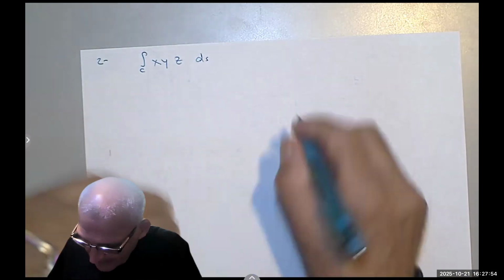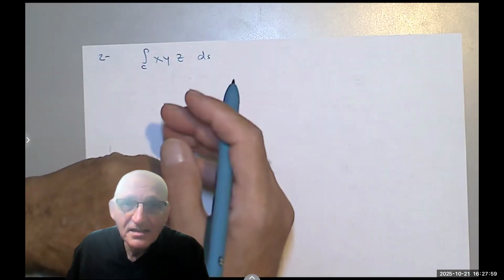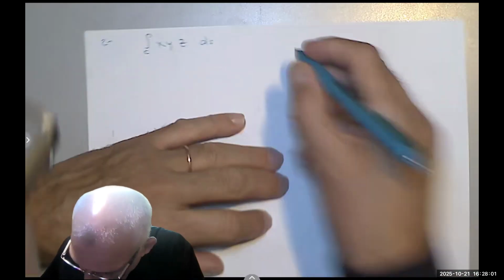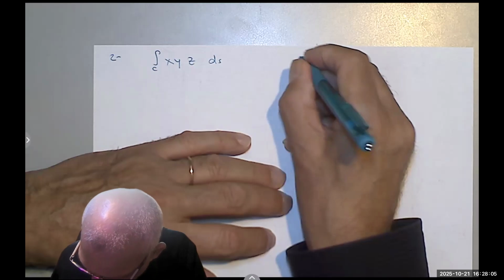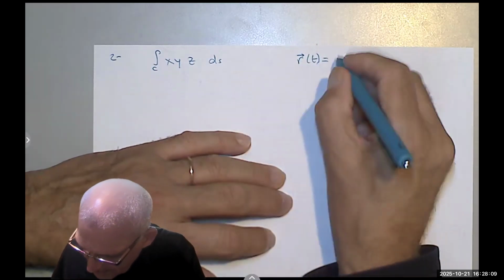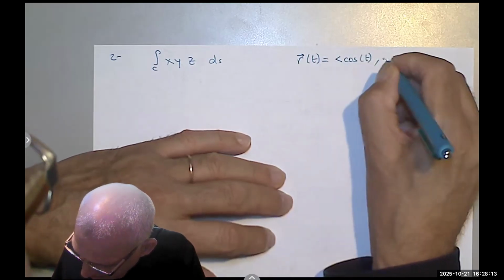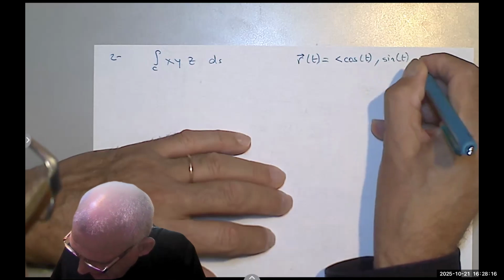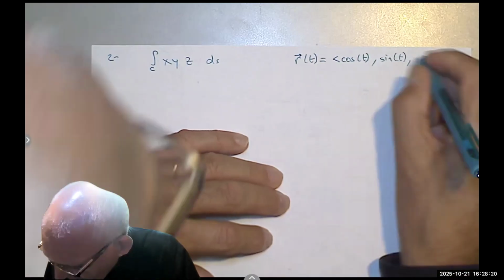First of all, they are giving you that in parametric form already. So we can say that r of t is cosine of t, sine of t, and then let's say 2t, whatever, any number.